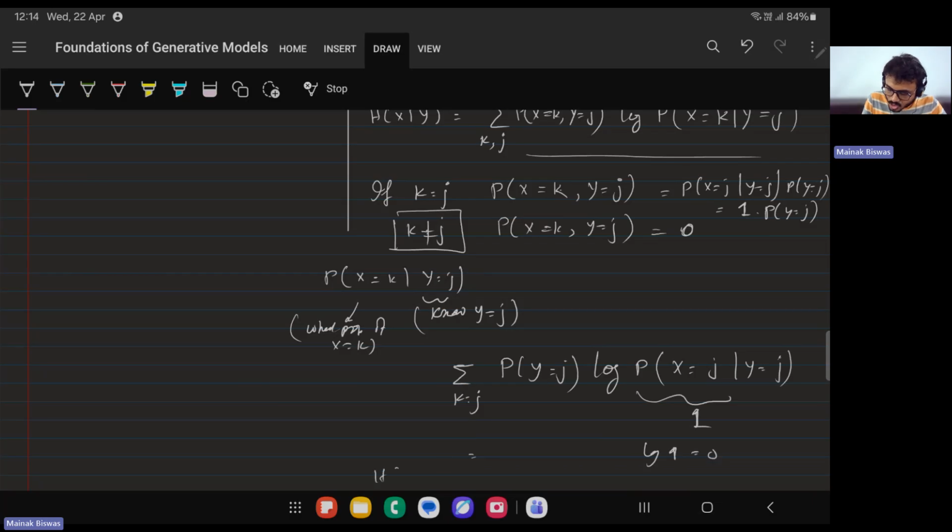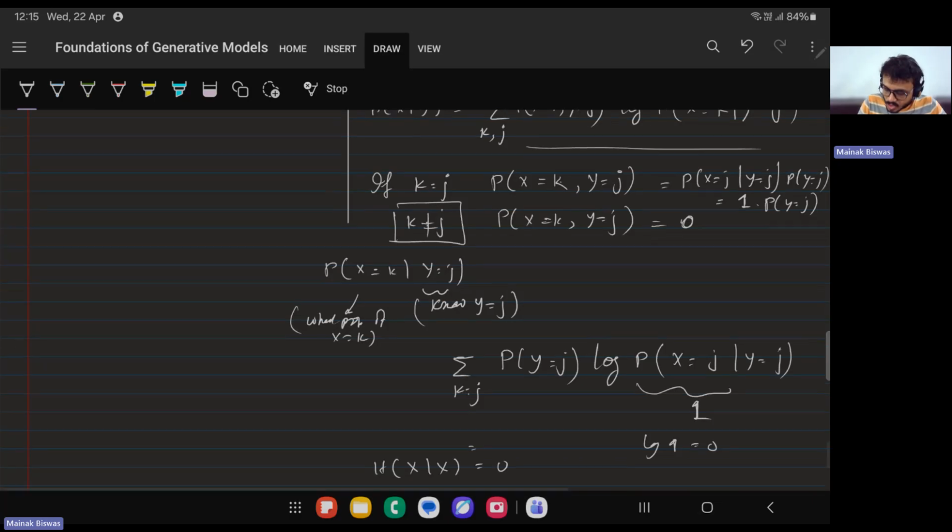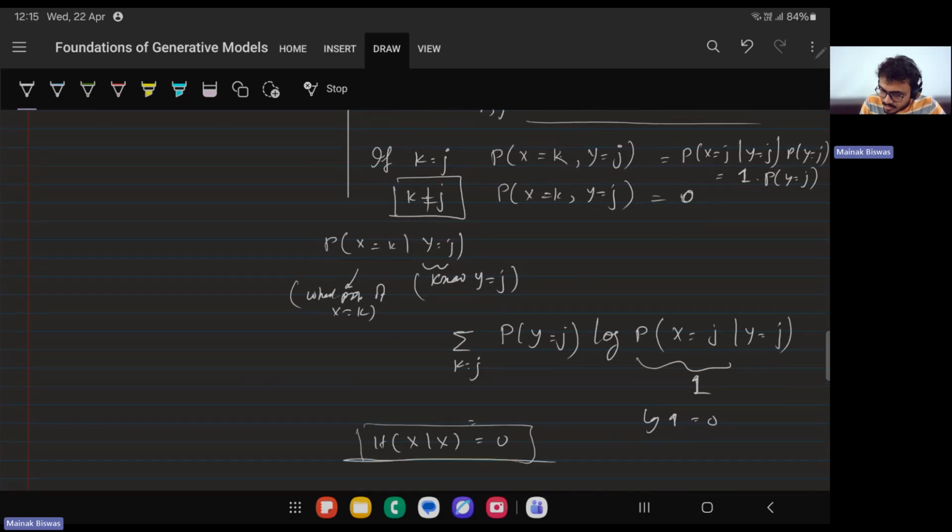So you can see H of X given Y is equal to 0, which is what you expect, right? So Y has all information about X. So no entropy.